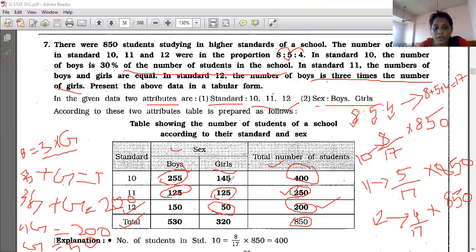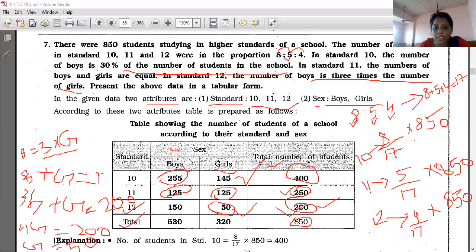Now one by one we are going to do the calculation. See here, the total we got and 255 for boys. So how will we get girls? 400 minus 255 is 145, right? And here for 11th standard we have boys, girls and total, everything. Now in 12th standard, girls is 50 and total is 200.